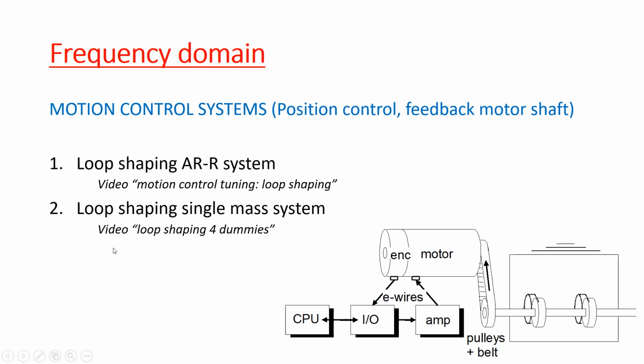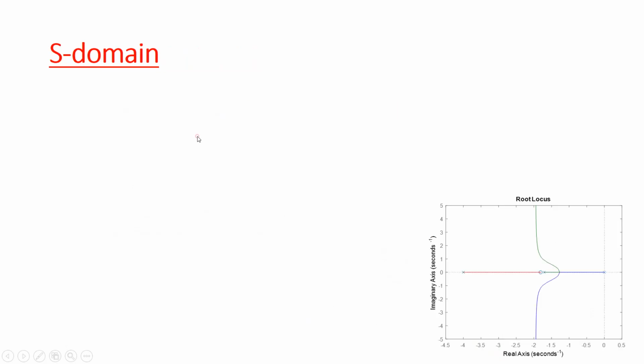And I have a video in this playlist called Loop Shaping for Dummies, which explains how you can tune your controller when you have that kind of system. So again, for motion control systems, designing your controller in the frequency domain is really a very good option for getting a really good performing controller and taking all stability aspects into account.